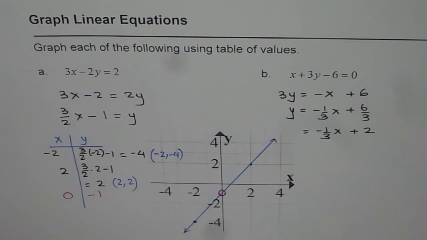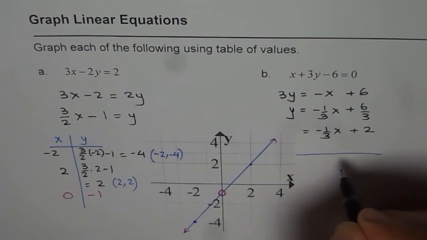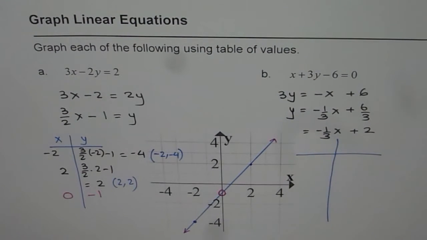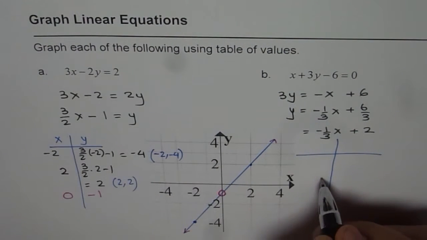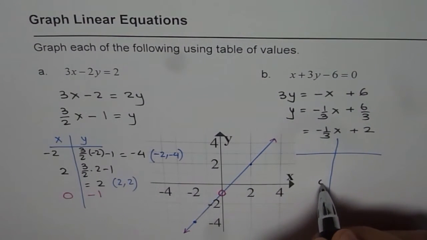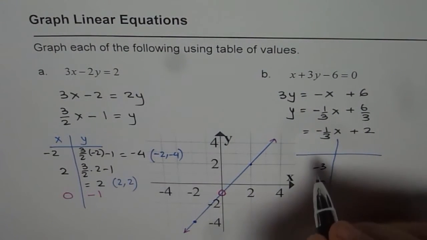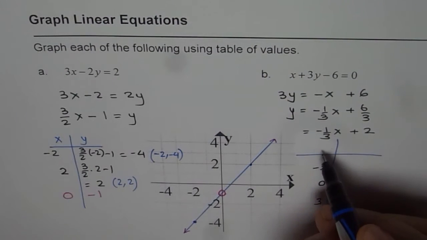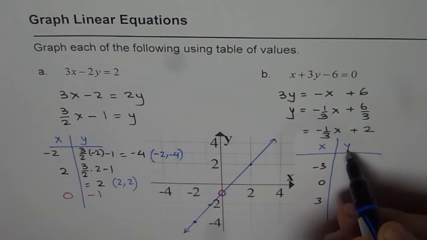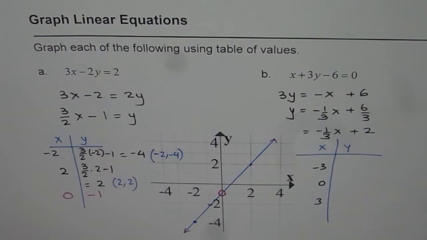Now in this particular case, good values to take for x are multiples of 3, right? So as you learn from here, we could take x values as 0, minus 3, and plus 3, right? So these are our x and y values. Y values we have to calculate.